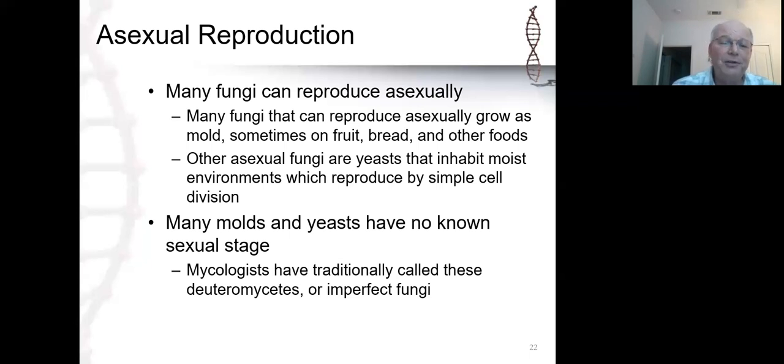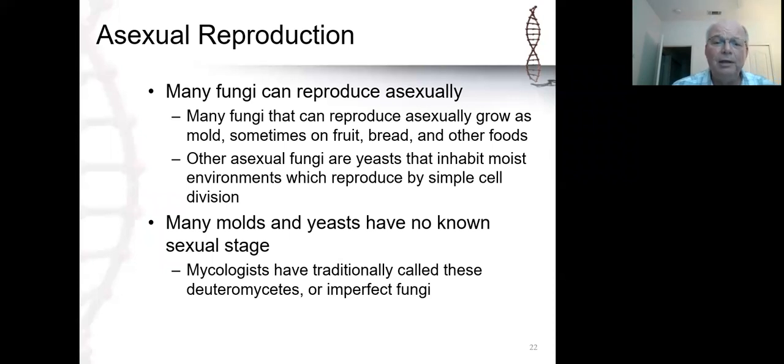But the notion of imperfection lies with the fact that animals reproduce sexually. And traditional taxonomists in the past have considered that sexual reproduction was the way to do it because it was the way we did it. And so any organism that didn't use sexual reproduction, in other words, reproduced asexually, was somehow imperfect.